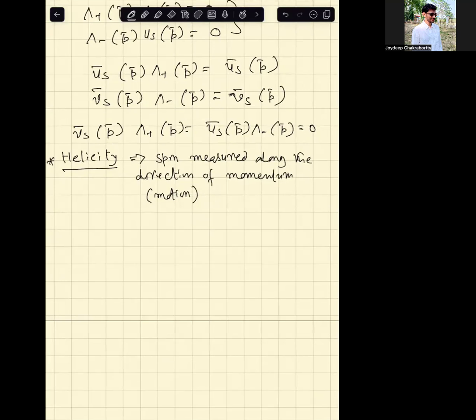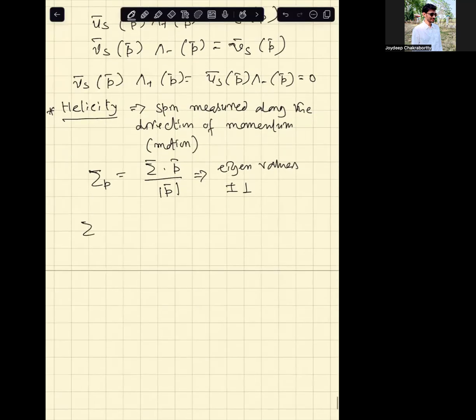So the helicity operator is defined as sigma dot p. So this is the projection, and this is the magnitude of this thing, and this has eigenvalues plus minus 1. So that's why we call either positive helicity state or negative helicity state. Okay.